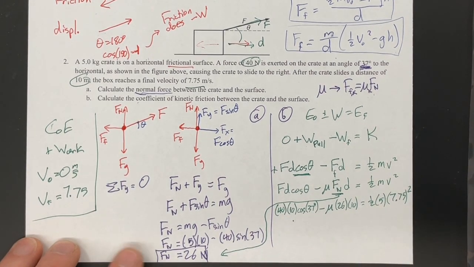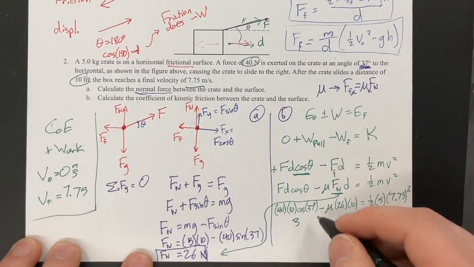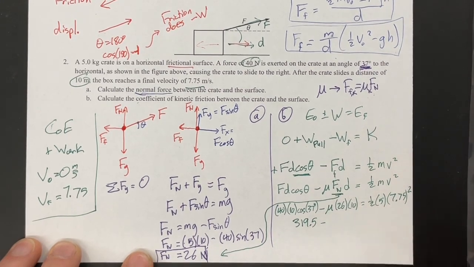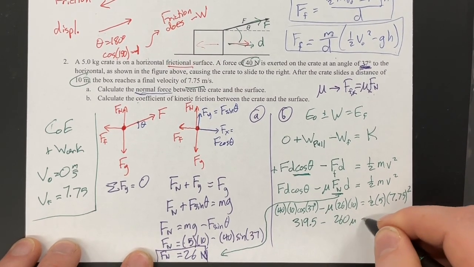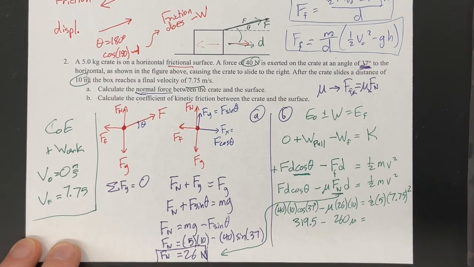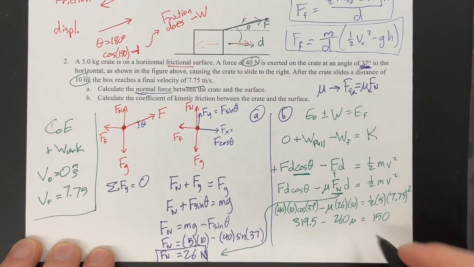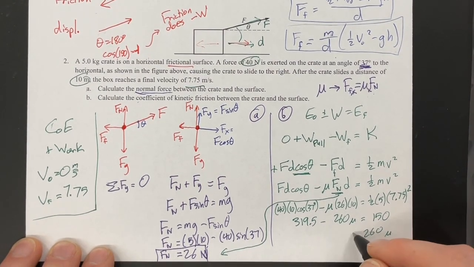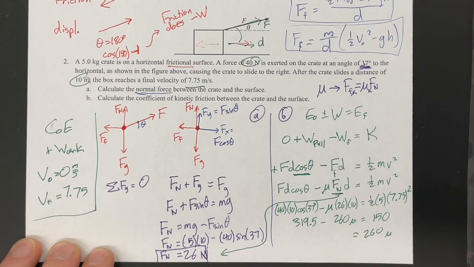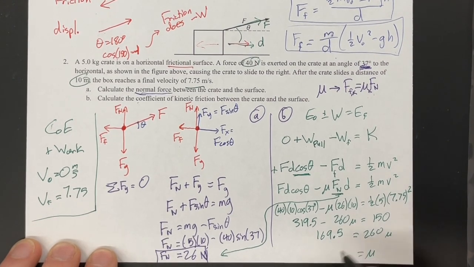So I get 319.5 minus 260 mu equals 150. So mu equals 0.65.